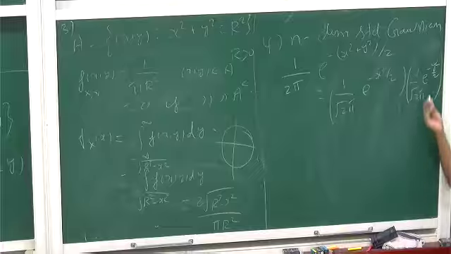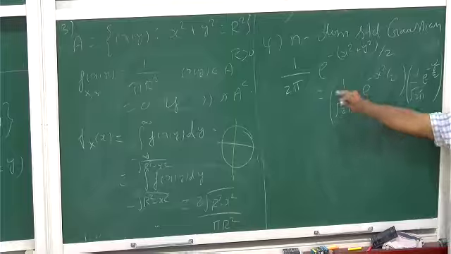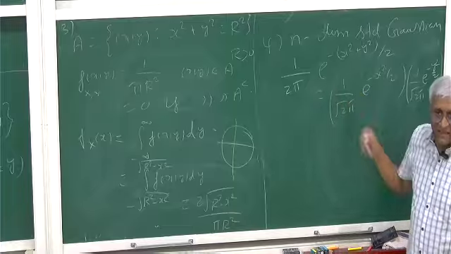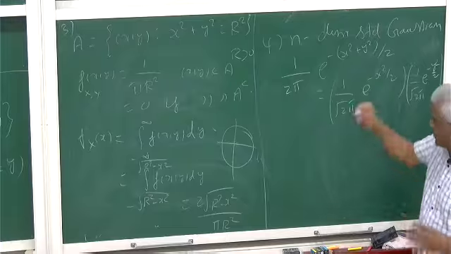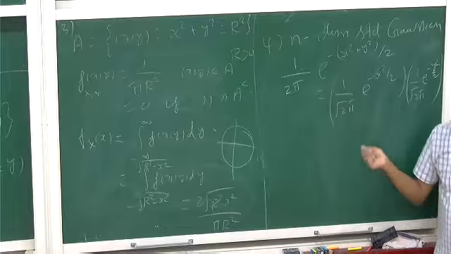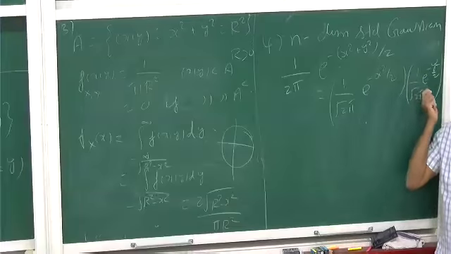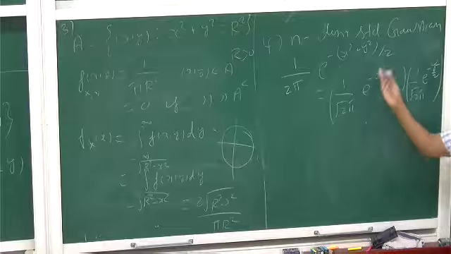So this is just the product of these two. If (X, Y) follows this joint distribution, the marginal distribution of X is this, and the distribution of Y is this.